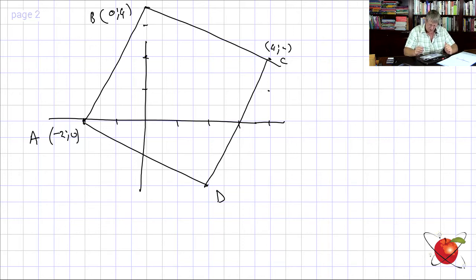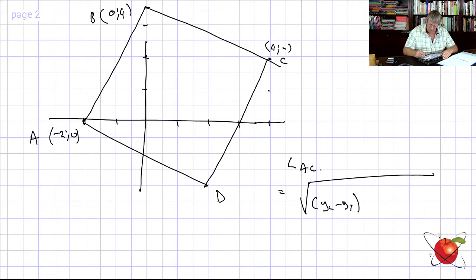Let's say question 1, calculate the length of AC. So they want the length of AC first of all. First of all, I say, right, let me write down my length formula, y2 minus y1 squared plus x2 minus x1 all squared. I am looking at length AC, right?